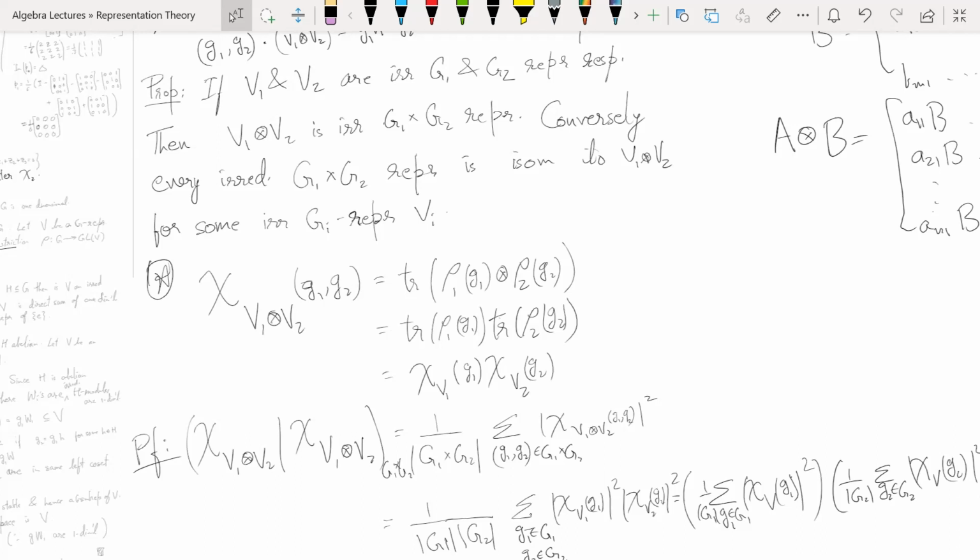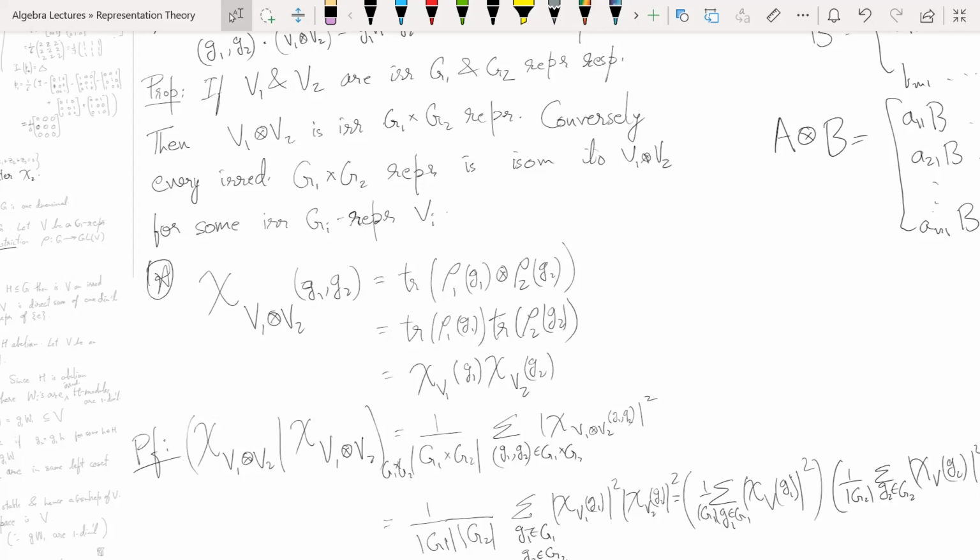One way is to say that the characters of V1 tensor V2 form a basis of all class functions on G1 cross G2. The other way is to use the formula from the regular representation. We know these representations are irreducible.